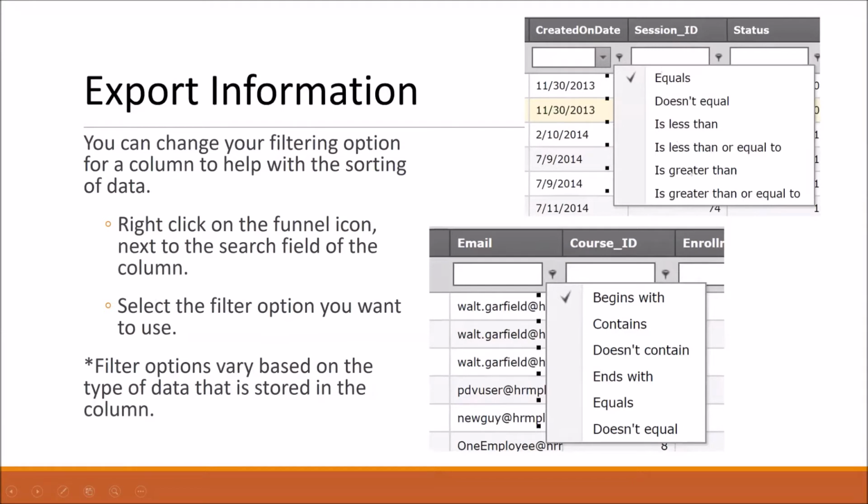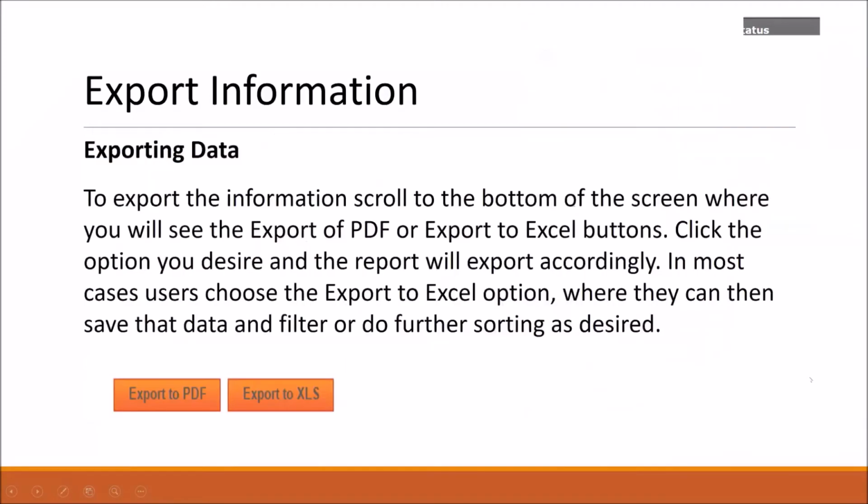You could change it to another one, greater than, less than, or like this one says begins with, contains. You can change them based on whatever the contents of the cells are. The filters may be slightly different, if that makes sense, hopefully.